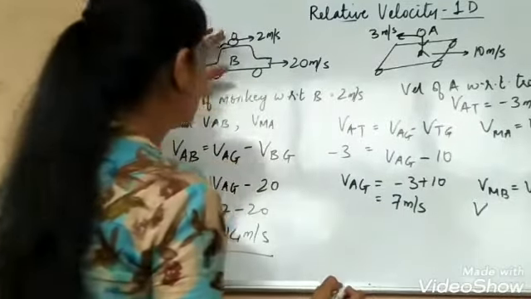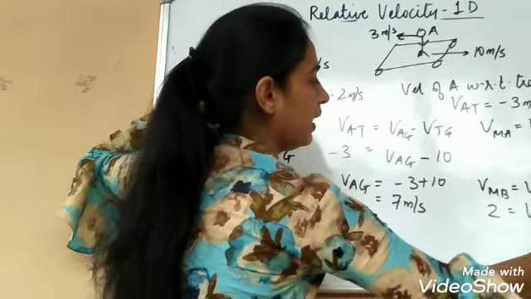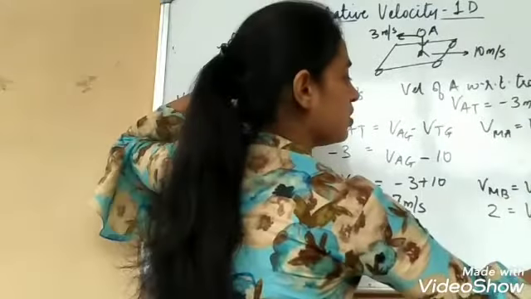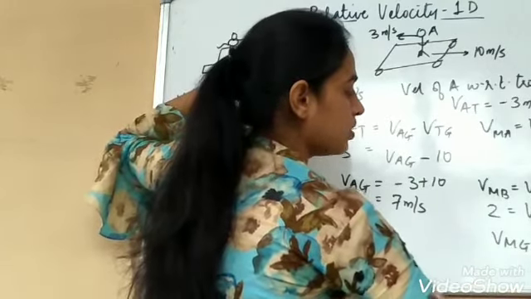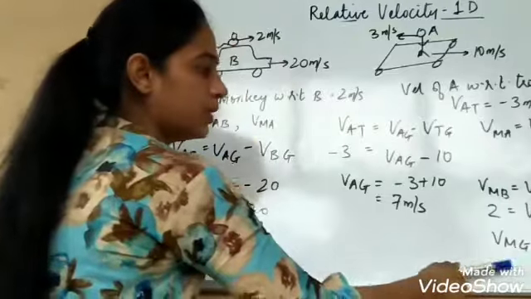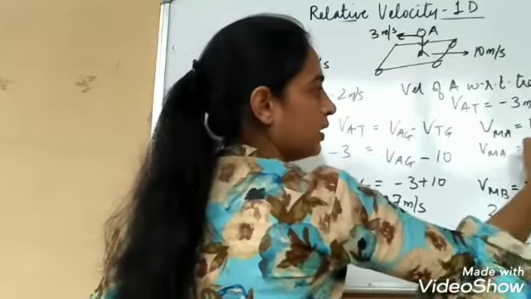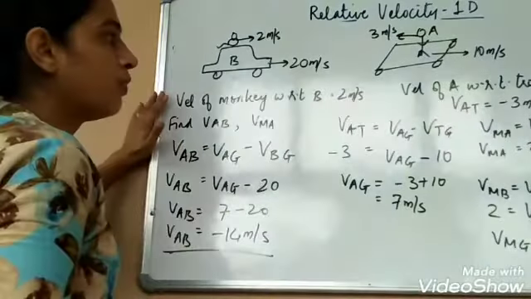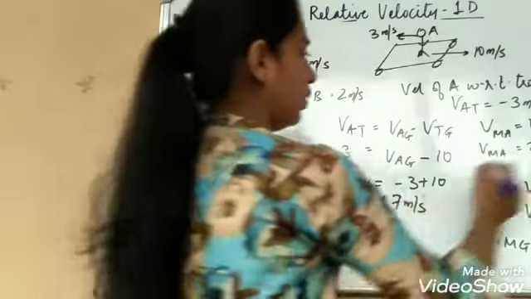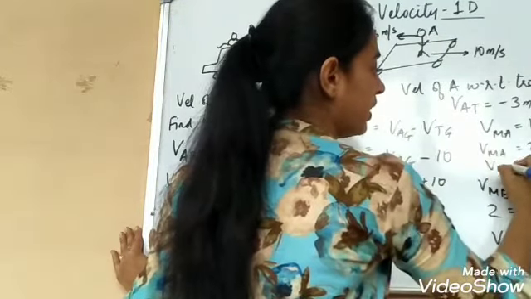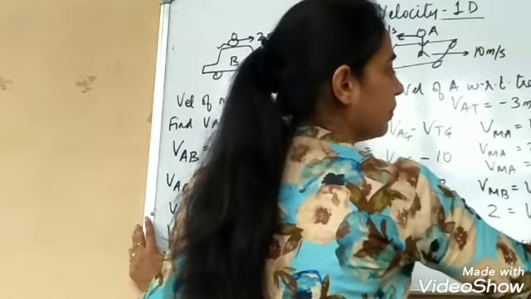Velocity of monkey with respect to B is 2, so 2 is equal to velocity of monkey minus velocity of B, which is 20. So velocity of monkey with respect to ground is 2 plus 20, that is 22 meter per second. Now substituting this over here, velocity of monkey with respect to A is 22 minus velocity of A with respect to ground. What is velocity of A with respect to ground? We just now found out, that is 7. So velocity of monkey with respect to A is 22 minus 7, that is equal to 15 meter per second.